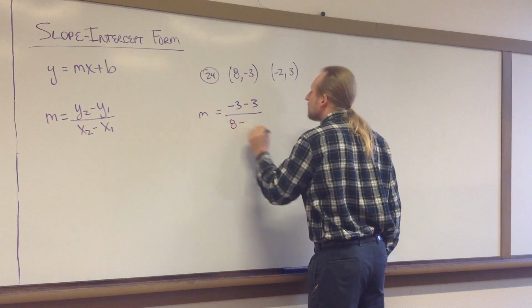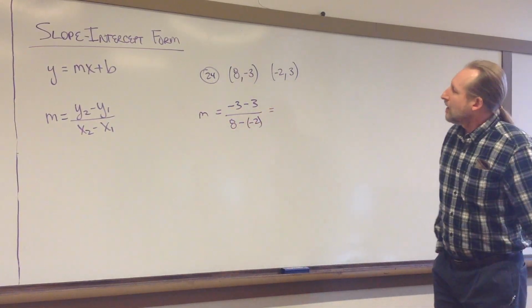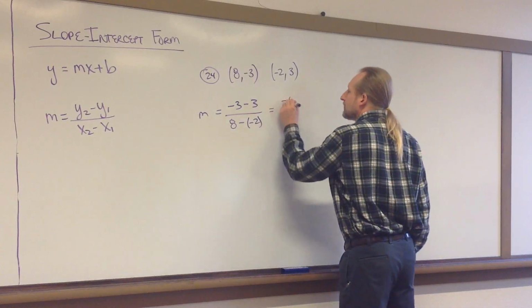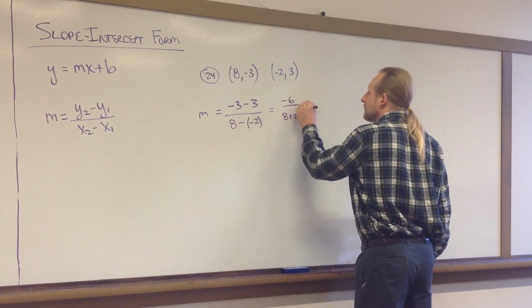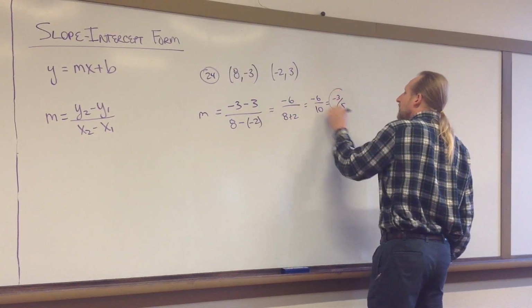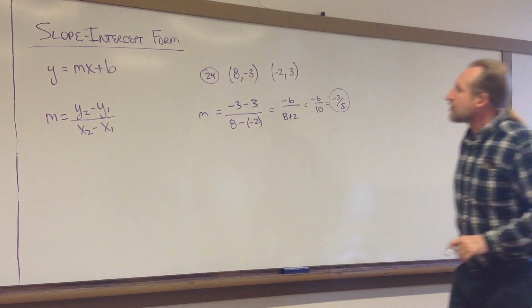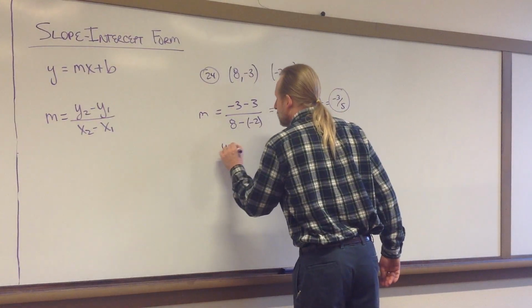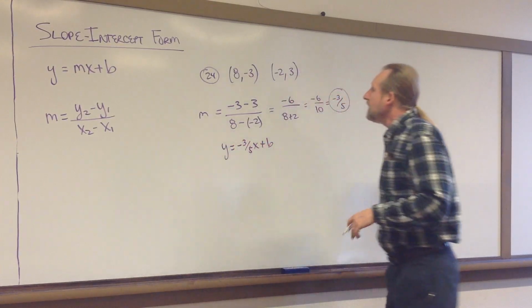Start with the 8, subtract negative 2. So negative 3 minus 3 is negative 6. That'll be 8 plus 2 on the bottom, which is 10. And again, if you've got a fraction, please reduce it. Negative 3/5. So our equation says y is negative 3/5 x plus b.